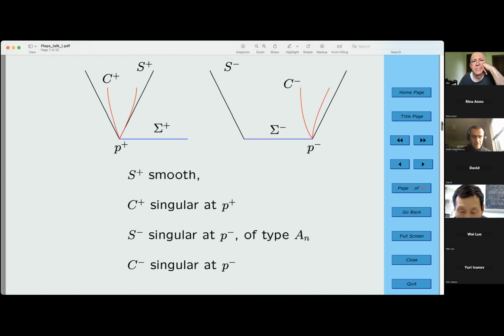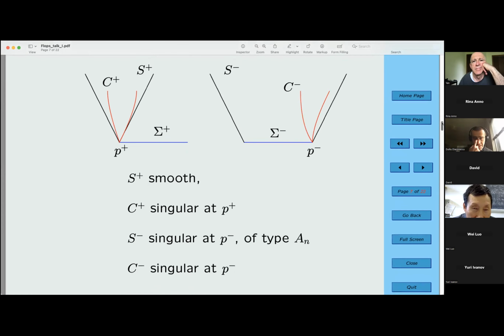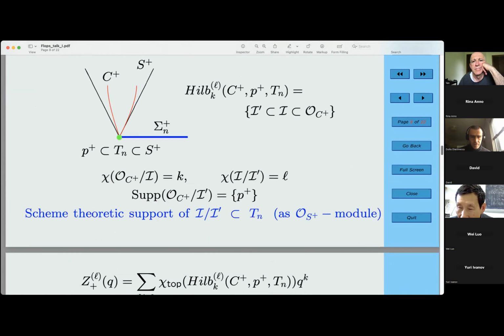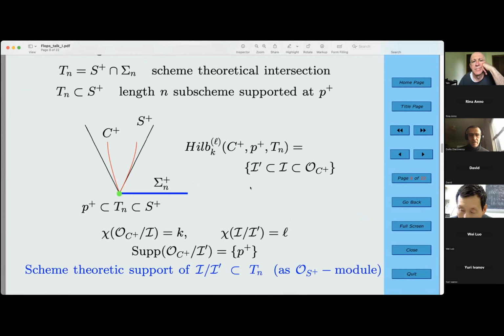And my third question is that you have this flag Hilbert scheme, which is actually two steps of flags, in this definition. You could also embed this inside of the Hilbert scheme with K plus L, just forgetting the I and going directly with the I prime.